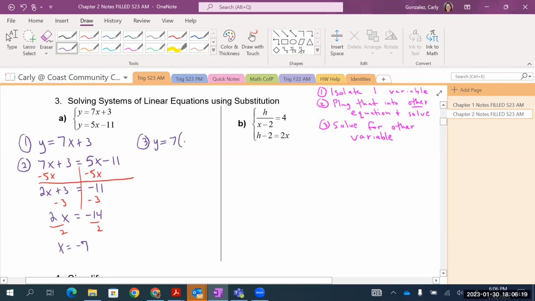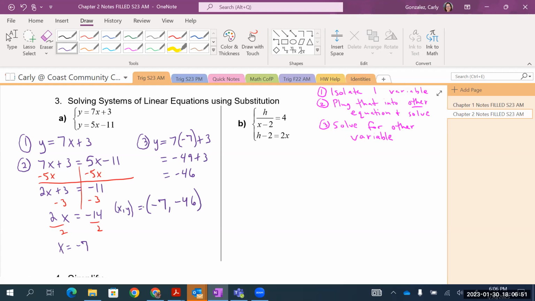So 7x, but we now know that x is -7, and then plus 3. So order of operations, we multiply 7 times -7 first, -49 plus 3, we get -46. So our final answer is -7 for x and -46 for y. And we can write those as an ordered pair, x, y: (-7, -46).